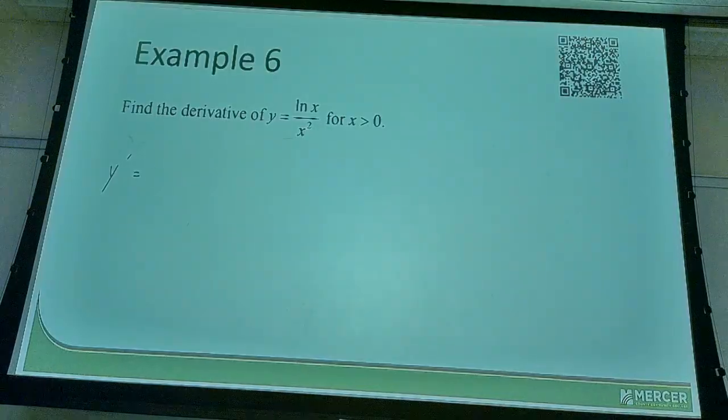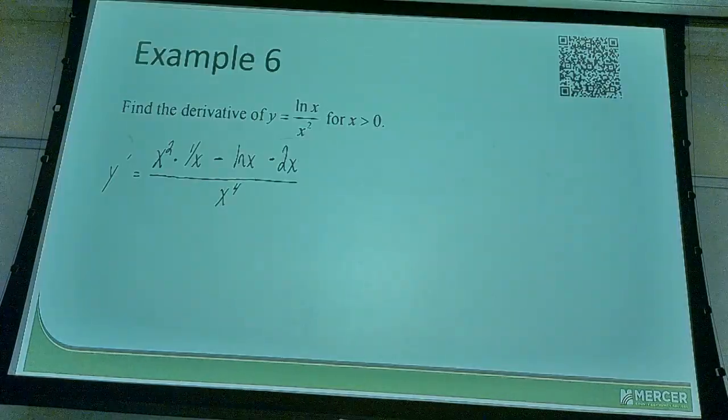So x squared times the derivative of log of x, which is just 1 over x, right? Minus the derivative of x squared, over x squared squared.